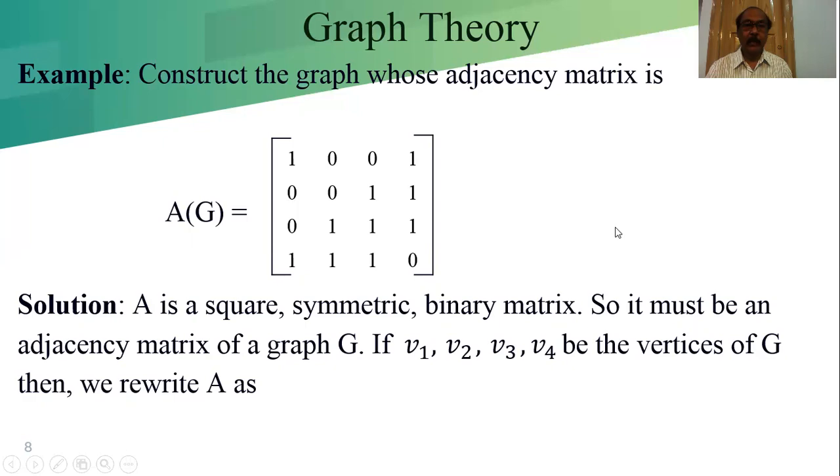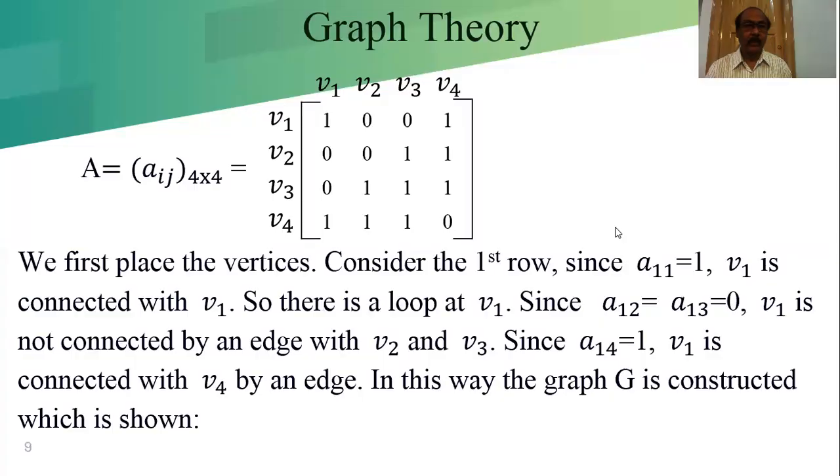Now with the help of that, let's try to draw the graph. First we label the adjacency matrix with the vertices, then we draw. Now consider V1. The element A11 equals 1, that means at V1 there is a self loop.